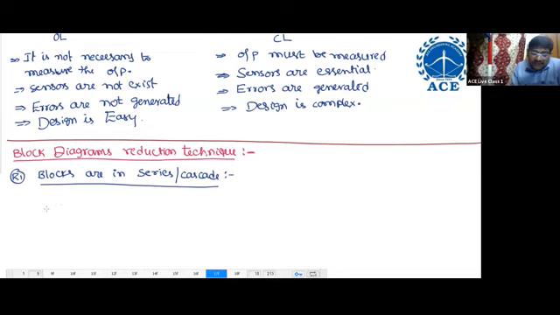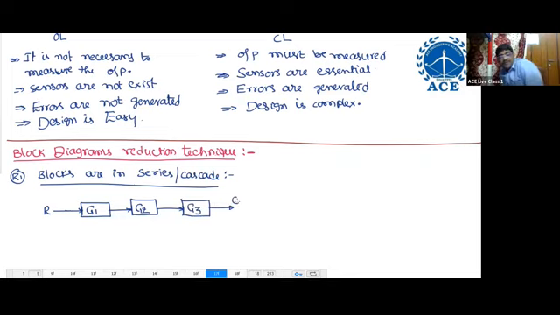If many blocks are connected in series, for example here G1, G2, G3, output C, then what is the equivalent block gain?